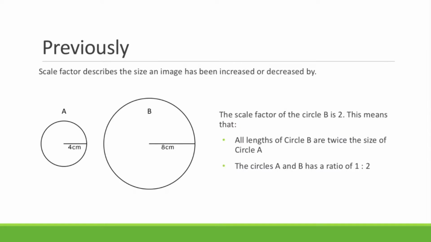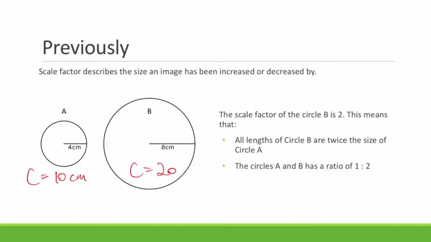So we did image over the original, and we got a scale factor of 2. So this basically means that all matching lengths in B are double those in A. For example, let's say the circumference of A was 10 centimeters, then in B, because the scale factor is 2, the circumference will be 20.